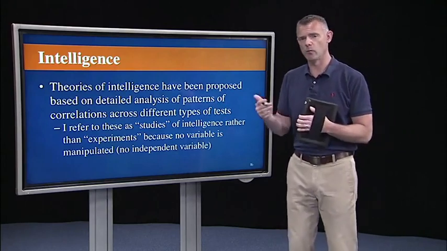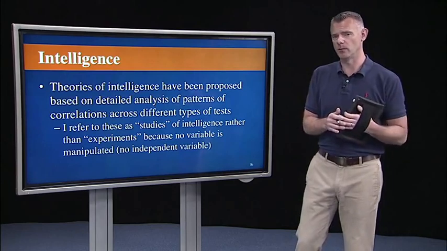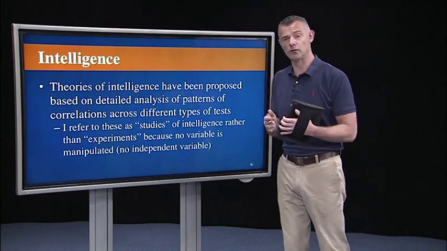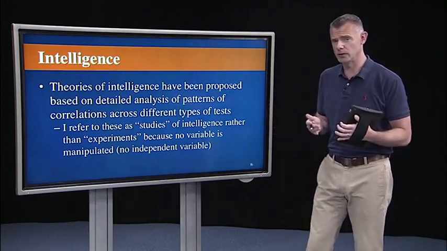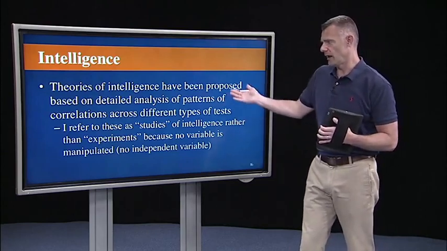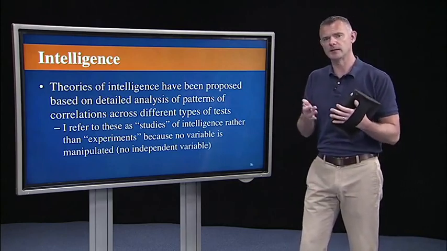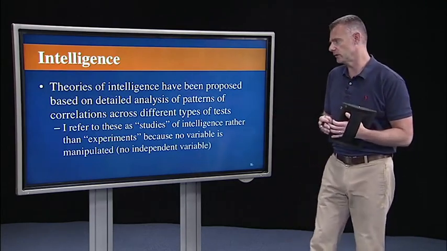Or if you score well on one kind of mental test, you tend to score well on another type of mental test. This has been observed over and over again for over 100 years in intelligence research. And so, as this slide indicates, we know this from examining lots and lots of patterns of correlations.